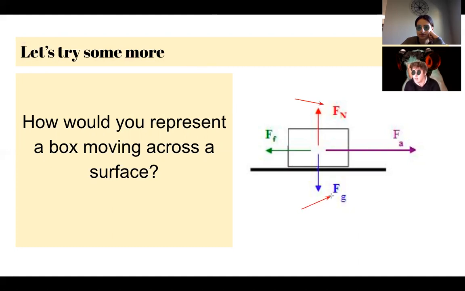Thank you for the arrows there, Eva. Then we have the friction force and the applied force on this box moving across the surface. As you can see, the applied force is greater than the friction force, which means that this box is accelerating to the right, in the direction of the applied force. So this is how you would draw an object that is accelerating towards the right.